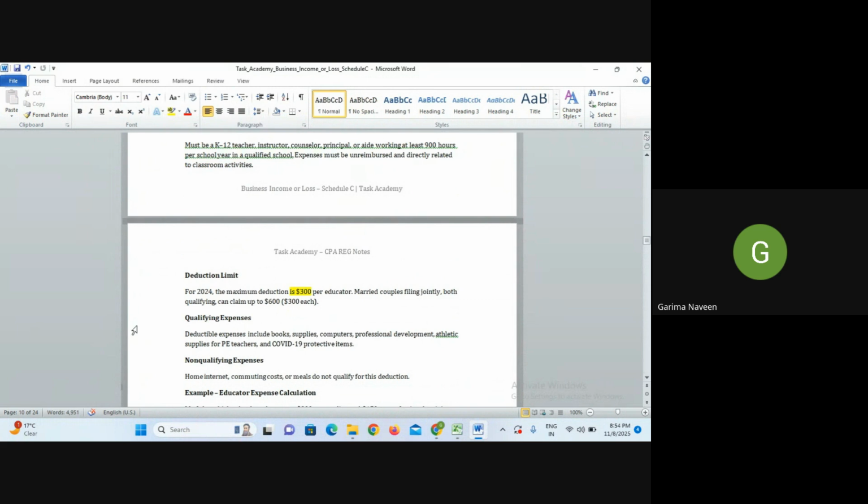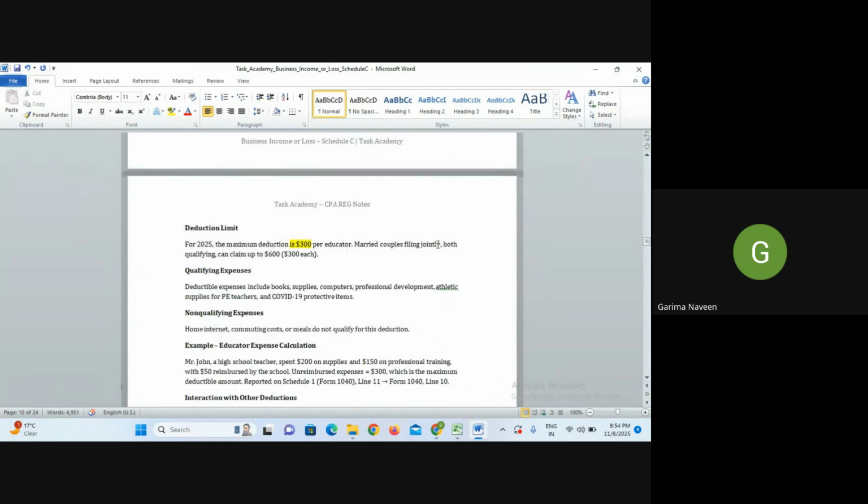For 2025, it is $300, the same for 2025 also. Okay, ma'am. Yes. So if you are filing as married filing jointly, then you can deduct $600, like $300 for each spouse.